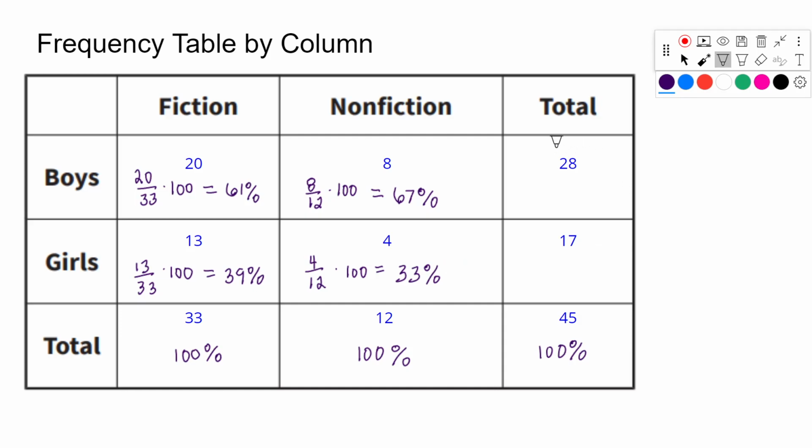And then finally we have the totals. 28 out of 45 times 100 tells us that 62% are boys.